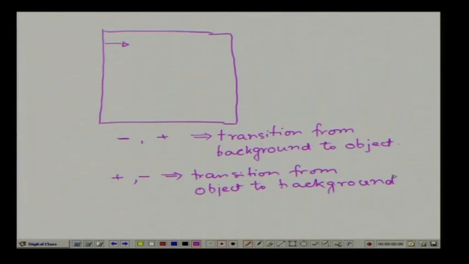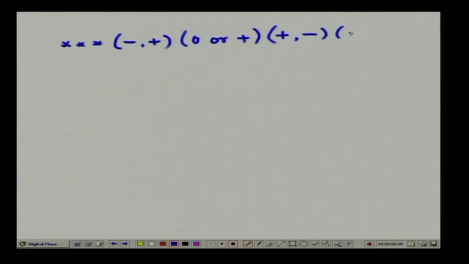By making use of this observation, if I scan a particular horizontal line or a vertical line, then I get a sequence of symbols, which will be something like this: star, star, star, followed by a negative, followed by a positive, and then I will have a 0 or positive, followed by positive, followed by negative, and then again a number of stars.